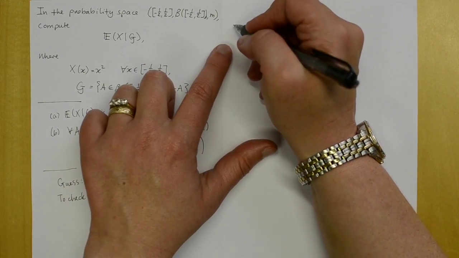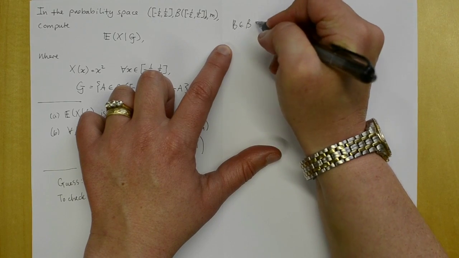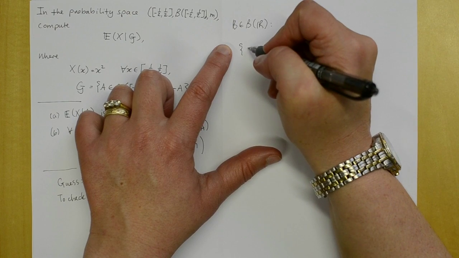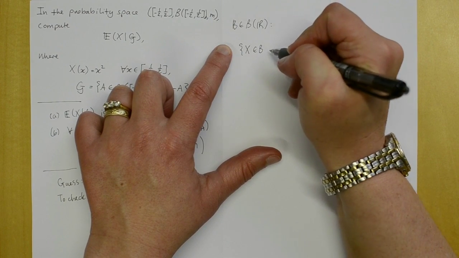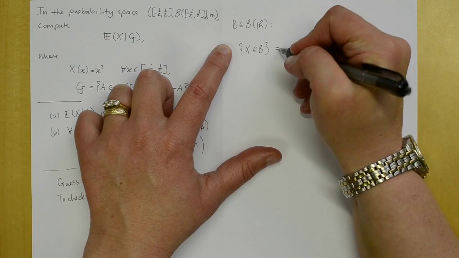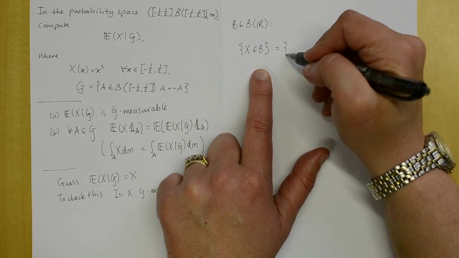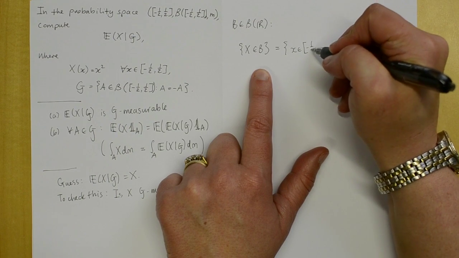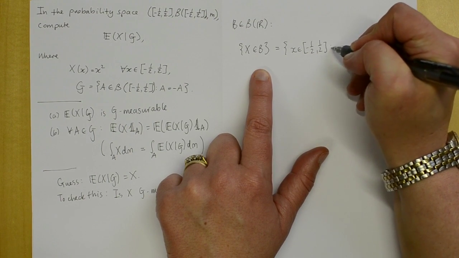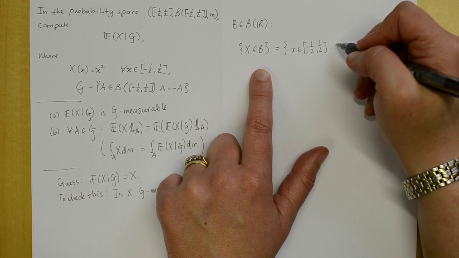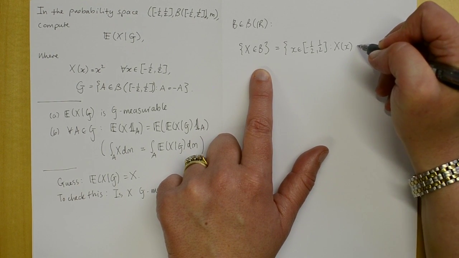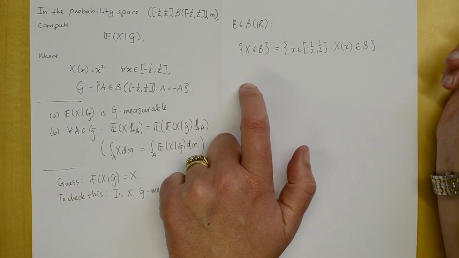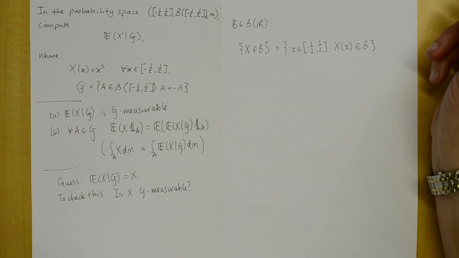Let's pick any Borel set B, and we look at the collection of scenarios for which X is an element of B. So this is shorthand notation for saying all x in the interval minus a half to a half such that X of x is in B. Right.